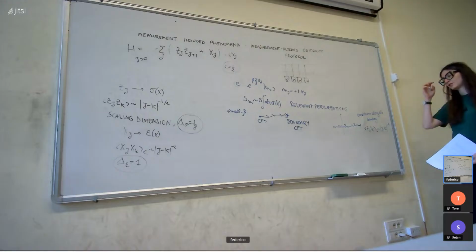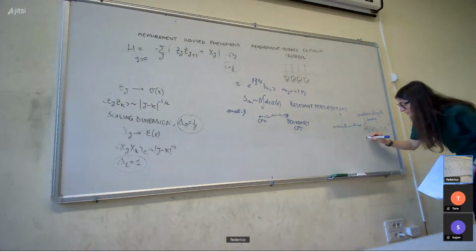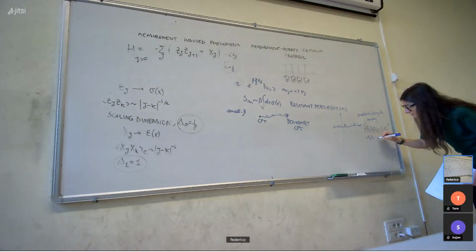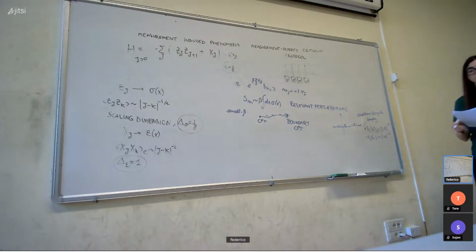So they become much faster than before. The correlator of z_j and z_k becomes |j minus k| to the power of -4.